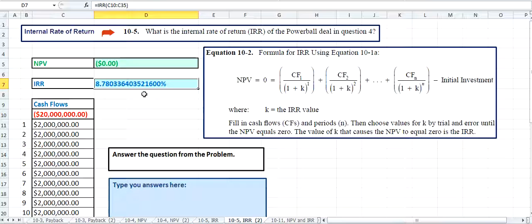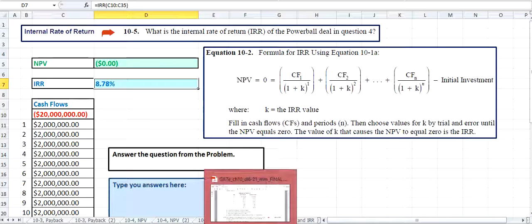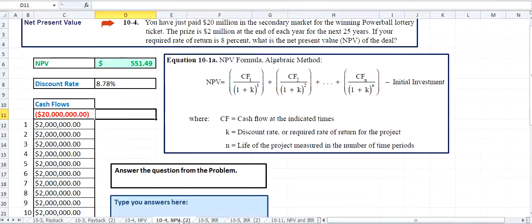If it's 8.780000, which is what we actually put in over here manually, we're still just a bit positive. Now, anything over that, say let's try putting in 8.8, then we're negative, right? And remember, the parentheses means we're negative.